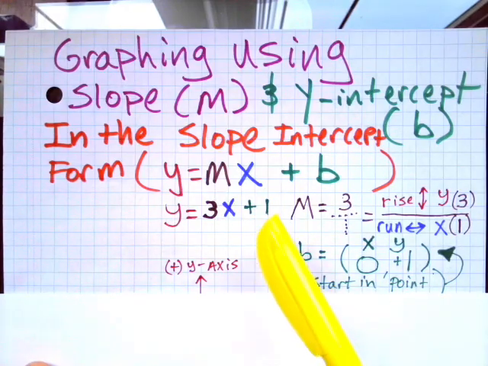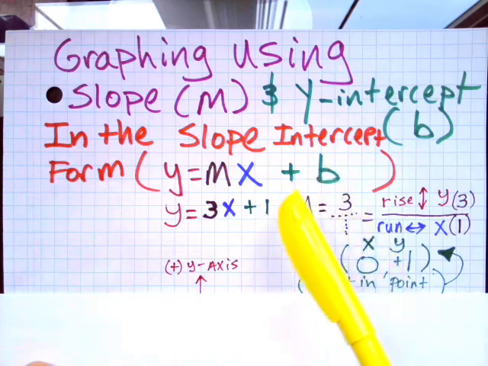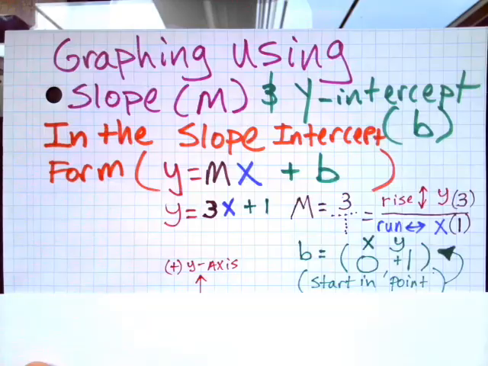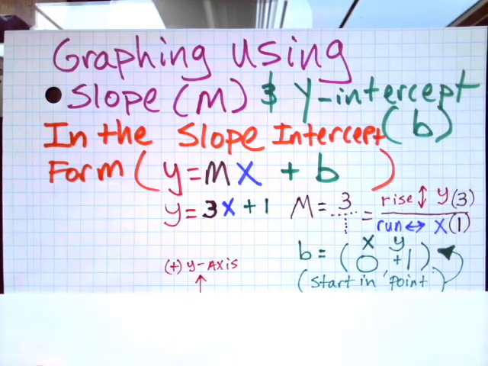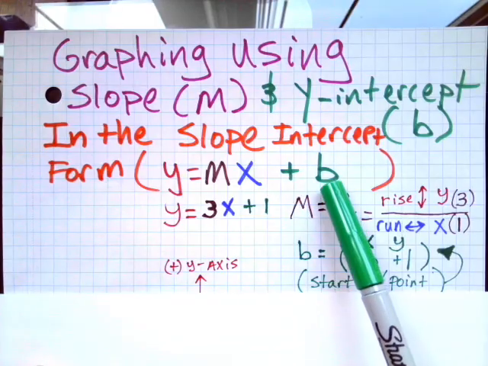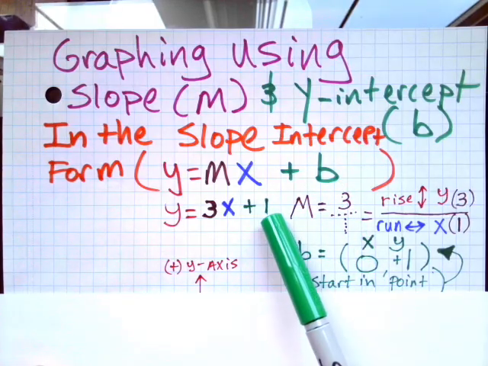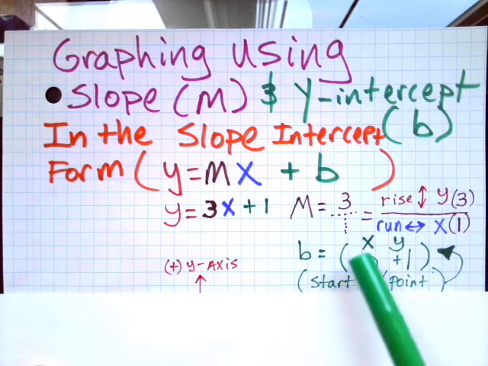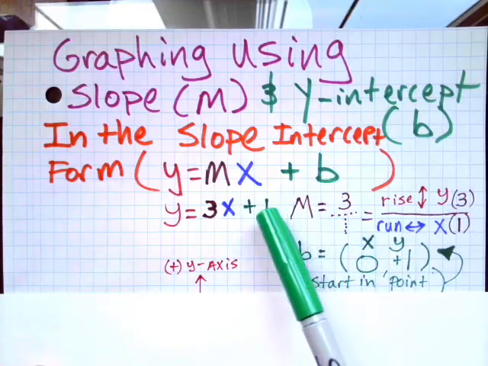Of course, everything starts with my first plot point on the y-intercept. Remember that b value is the y-intercept, where x will always be 0 on our plot point, and the y value would be the given b value.